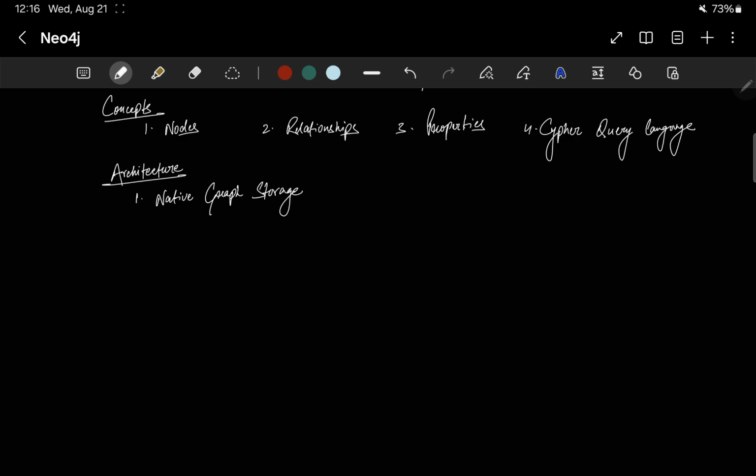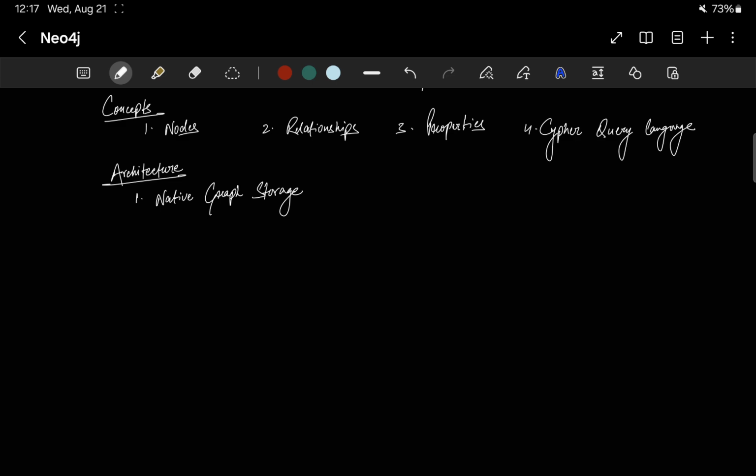Neo4j stores data natively in a graph structure, meaning nodes, relationships, and properties are directly represented in the storage engine without requiring the translation that occurs in relational databases. This native storage allows for efficient graph traversal and queries, as the database engine directly understands graph structures.